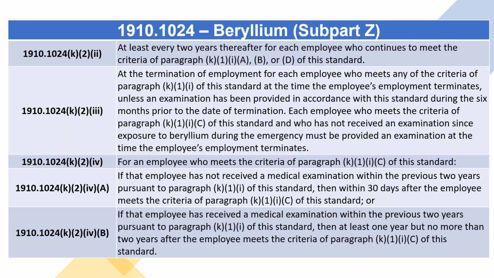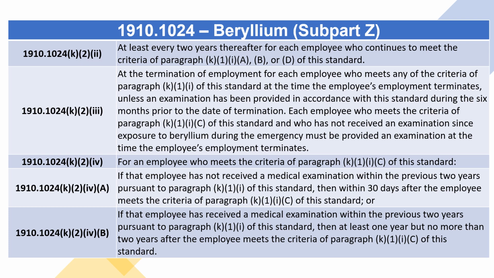1910.1024 K2(ii) At least every 2 years thereafter for each employee who continues to meet the criteria of paragraph K1(i)(A), (B), or (D) of this standard. 1910.1024 K2(iii) At the termination of employment for each employee who meets any of the criteria of paragraph K1(i) of this standard at the time the employee's employment terminates, unless an examination has been provided in accordance with this standard during the 6 months prior to the date of termination.